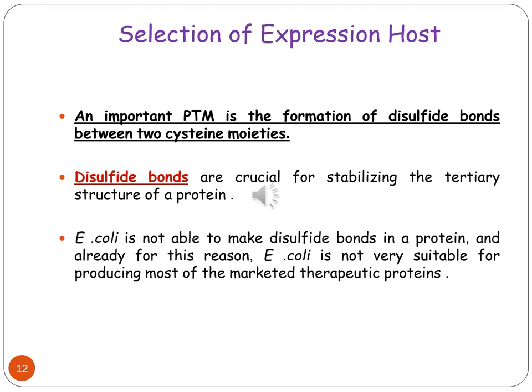That's why they can be involved in the formation of disulfide bonds. And disulfide bonds are crucial for the stability of the tertiary structure. Here they said that E. coli is not able to make disulfide bonds in a protein. And already for this reason, E. coli is not very suitable for producing most of the marketed therapeutic proteins.